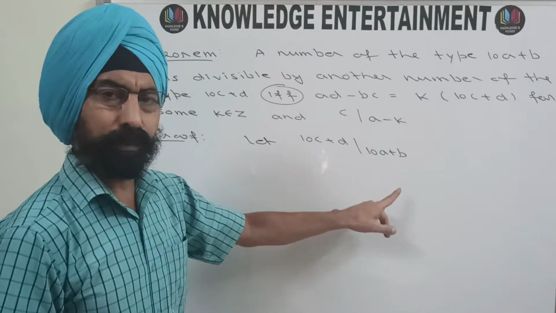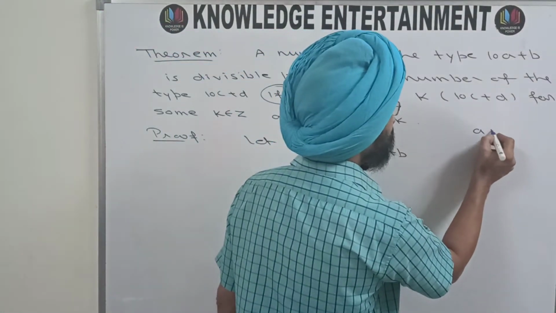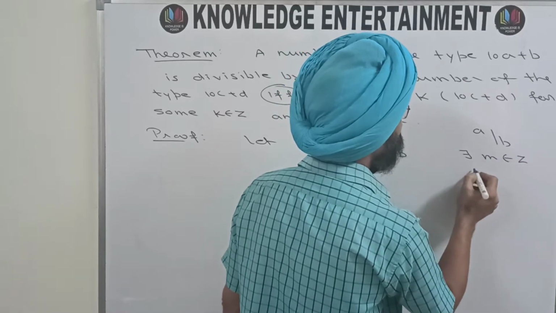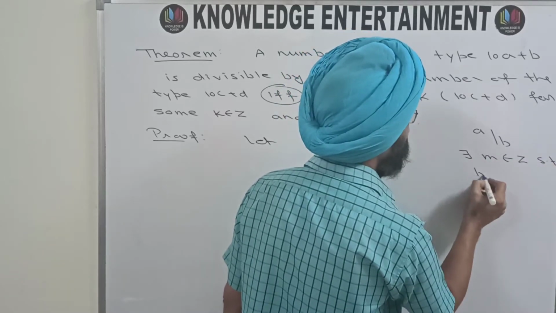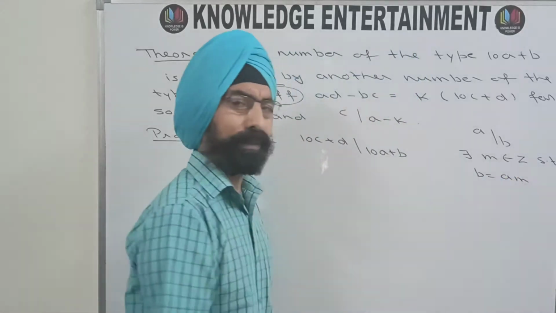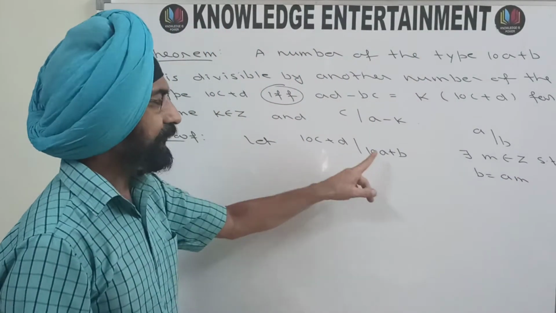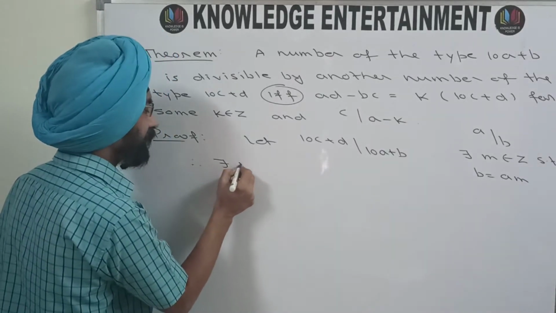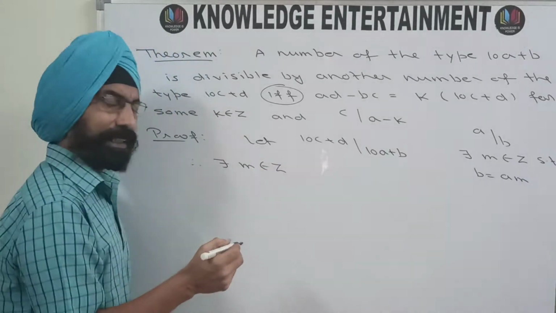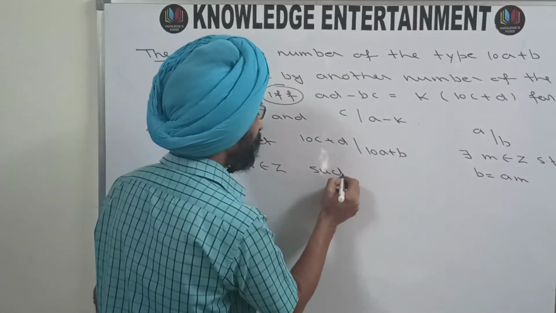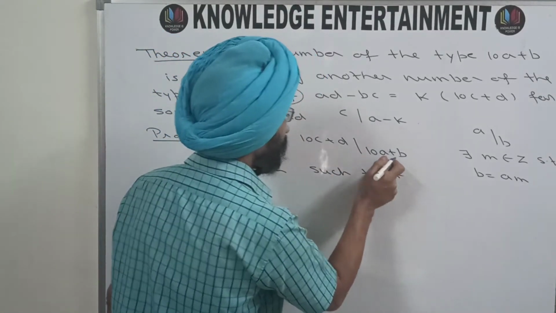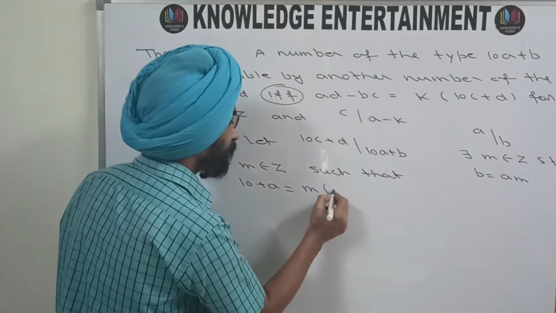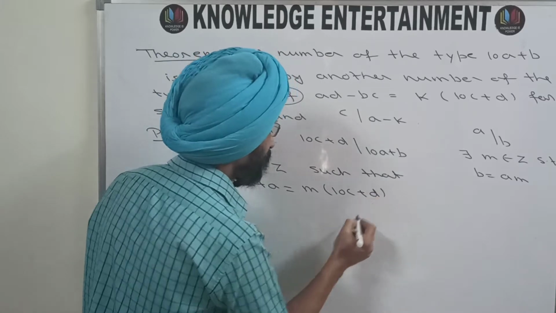If a is divisible by b, then we know there exists some integer m such that b is equal to a times m. So here 10c plus d divides 10a plus b. Therefore there exists some integer m such that 10a plus b is equal to m times (10c plus d).